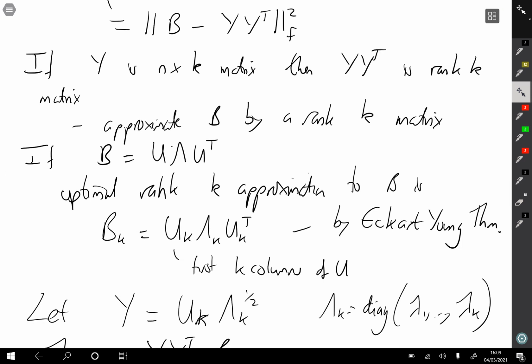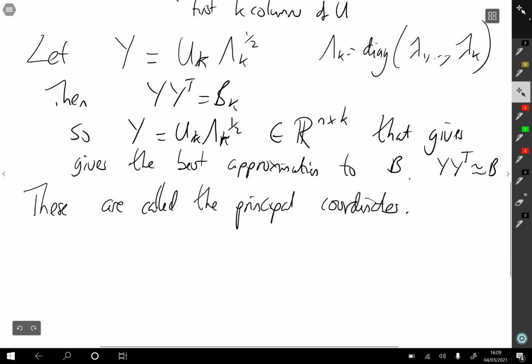So this is starting to sound a lot like principal component analysis, right? In fact, this is very similar to what we did in PCA. So let's just comment on that.